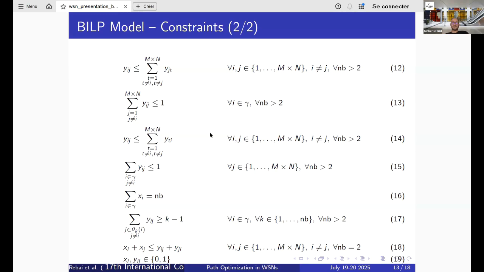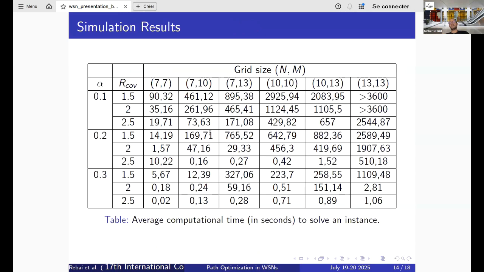So this method was tested on many grid size instances and many values of coverage range and density of fixed sensors. And from this table, which summarizes the average computational time to solve an instance, we can conclude that when the coverage range increases, the computational time decreases.